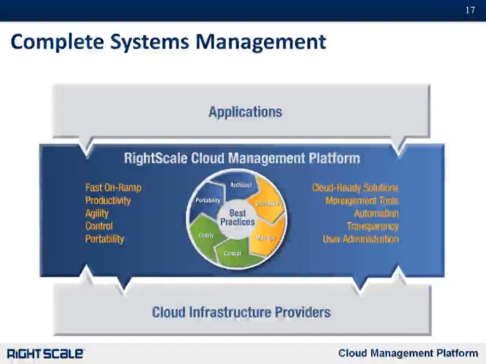Or having a user permissioning system so that you can control who's got access to what resources, and have an audit trail for all that. Or having a lot of automation in terms of having environments where the application tier scales up and down based on load, on rules that you set. So again, it's an orchestration layer. It's really a cloud management system.